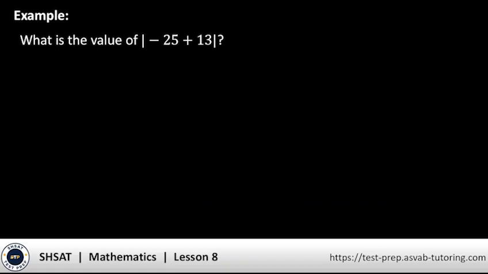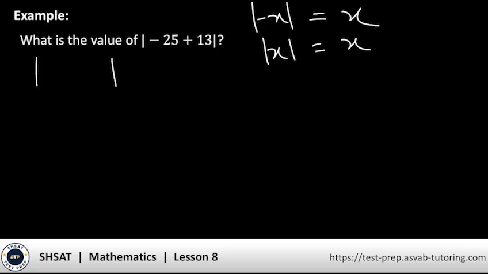We have modulus here, okay? Absolute values, or we can also call them modulus. Absolute values means that whenever you have a negative number inside an absolute value, it's going to turn to a positive. And of course, if it were a positive to begin with, it will remain as a positive. So because you have negative 25 plus 13 here, let's do negative 25 plus 13.